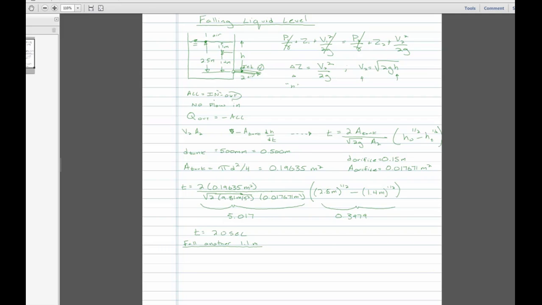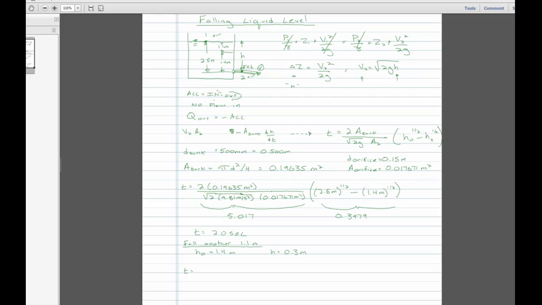Now in this next example, we have that the initial height is an elevation of 1.4 meters above the orifice opening, and h is 0.3 meters. We can put that into the same equation as before.